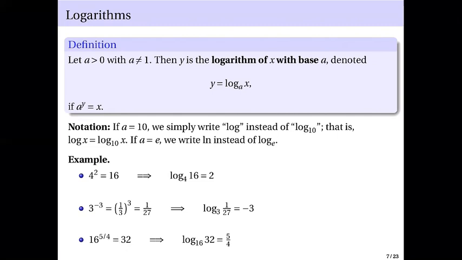As before, we have here your y, this is your base a, and this is your x. So converting to logarithm, the logarithm of 32 with base 16 is equal to 5 over 4, the value of y there.